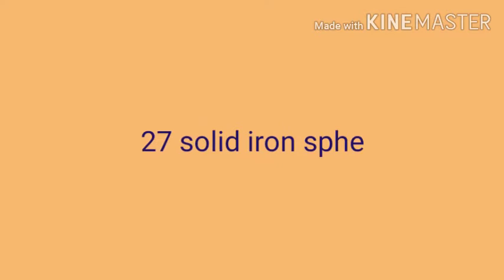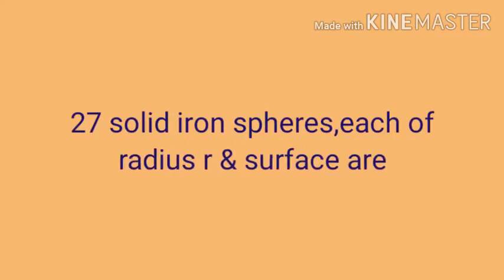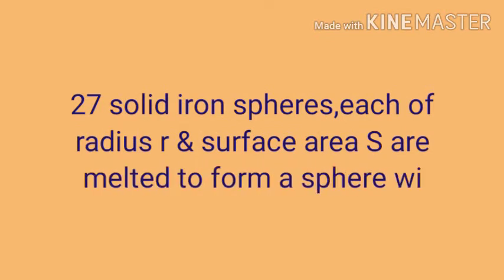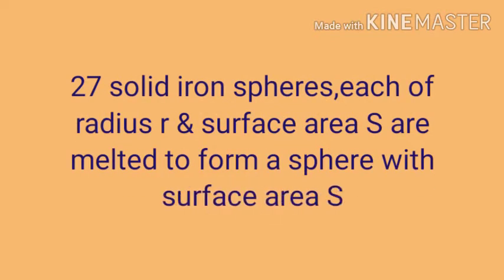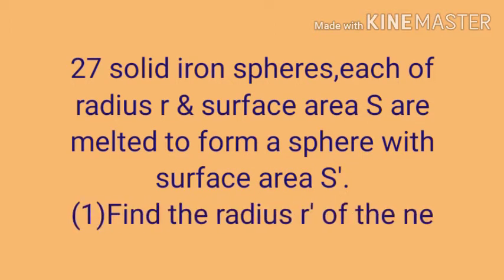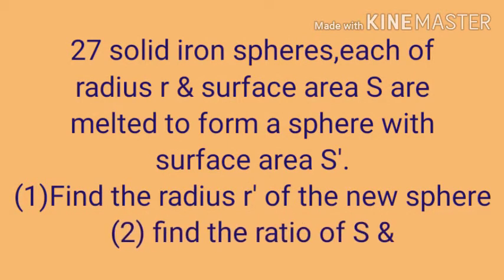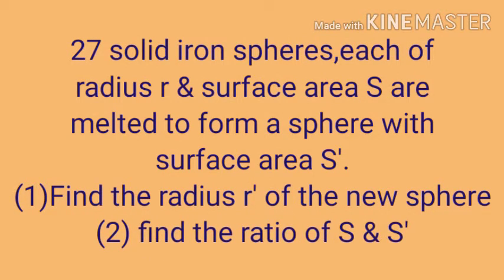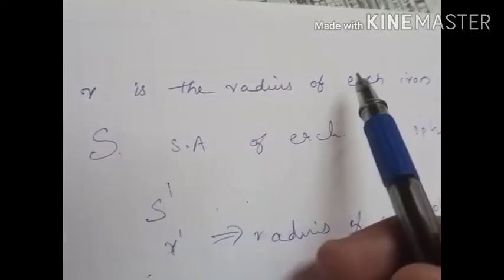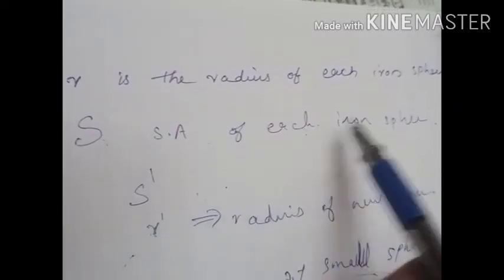Exercise 13.8, question number 9. 27 solid iron spheres, each of radius small r and surface area capital S, are melted to form a sphere with surface area S dash. Find the radius r dash of the new sphere and the ratio of S and S dash. According to the question, r is the radius of each iron sphere and S is the surface area of each one.